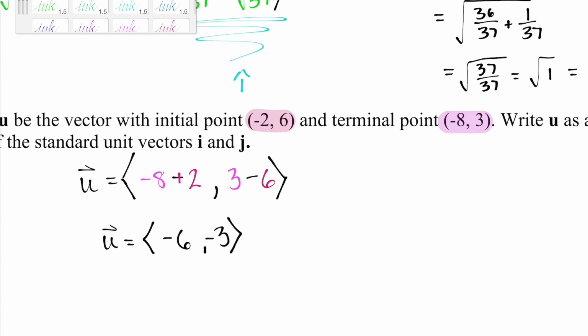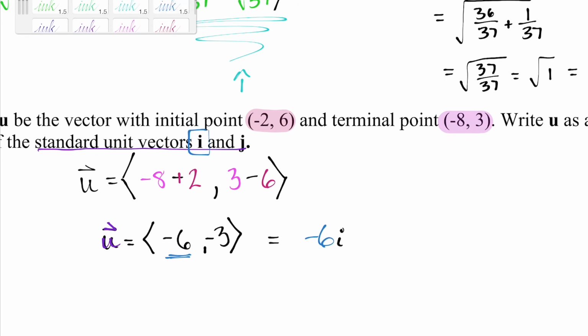Now that I have my vector u, in order to put it into the standard unit vector form, it's just another way of rewriting it. It looks almost exactly the same. I have my distance of the x, which we found to be -6, and that's going to be represented with my i.